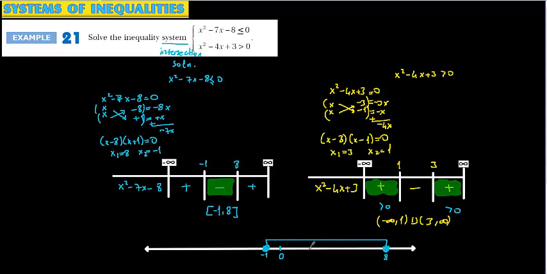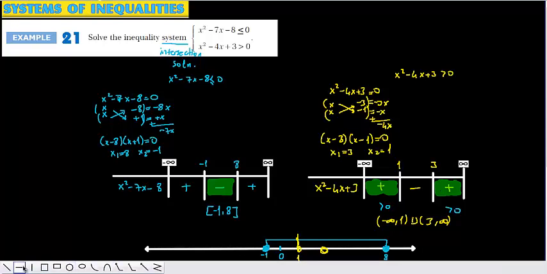If I show this on the real number line, 1 is going to be approximately here, and it's going to be open, and 3 closer to 1, it's going to be open. The numbers between 1 and minus infinity show this side to us, and from 3 to infinity it's going to show this side also to us.